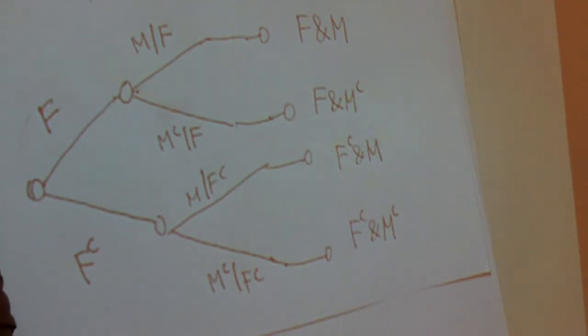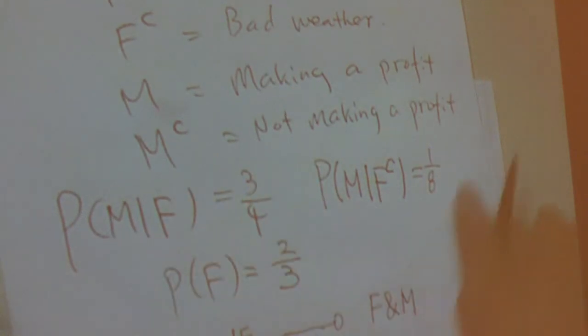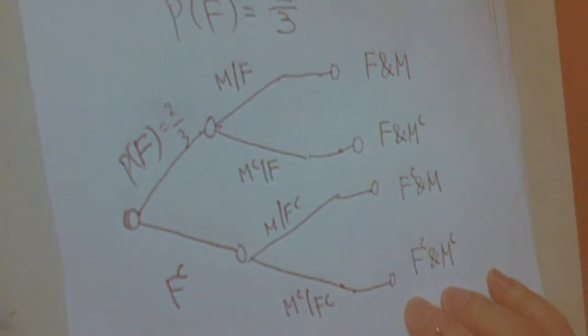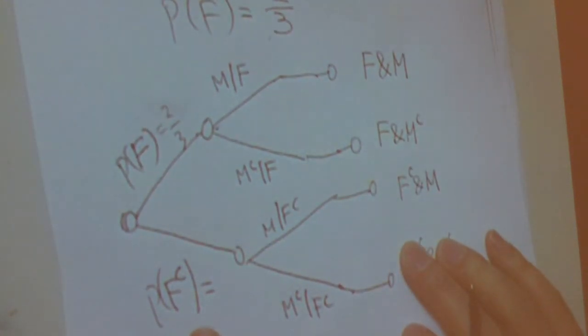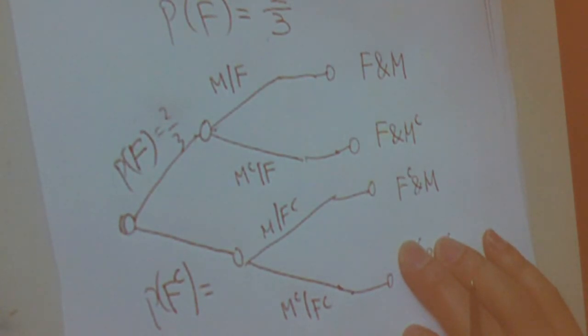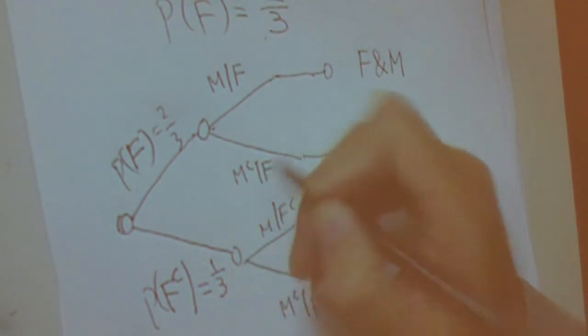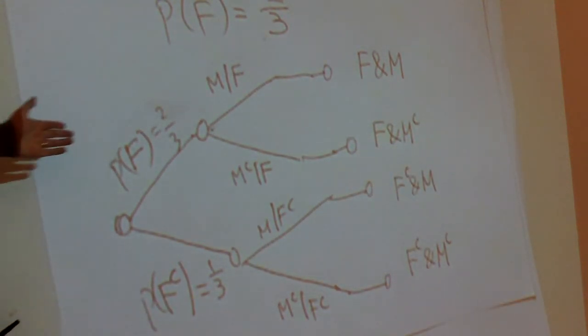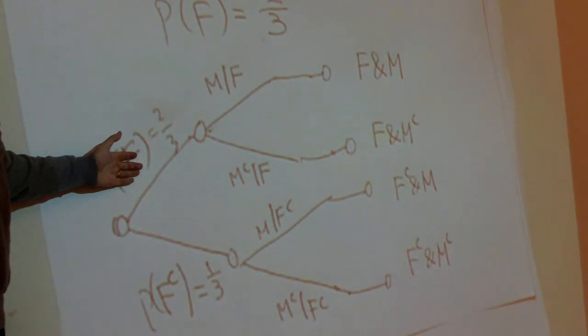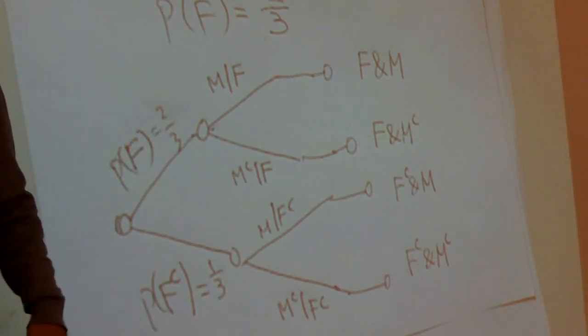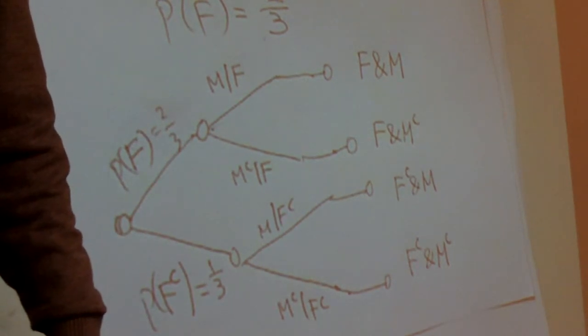Now the last step is to put the probability information on the tree. That's not too hard because we are given those numbers. So let's first put the probability of F here, which is given, 2/3, right? How about the probability of bad weather? You can tell me right away. 1/3. Very good. Well, we know that event F and its complement must sum to 100%. Actually, that is the property of the probability tree.